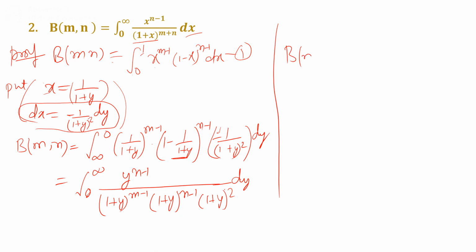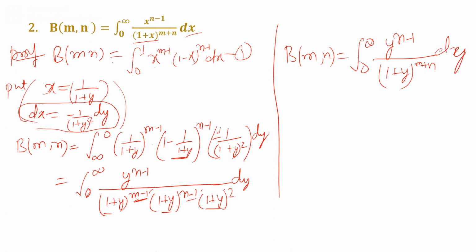Now beta(m, n) is equal to, we write 0 to infinity y raised to the power n minus 1, and if we add all the powers m minus 1, n minus 1 and plus 2, we can write (1 plus y) whole power m plus n, and minus 1 minus 1 plus 2 gives m plus n, dy.